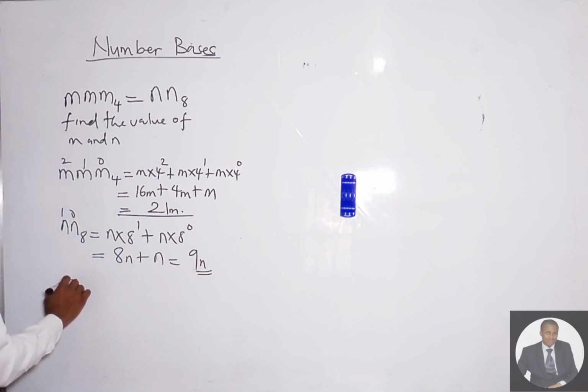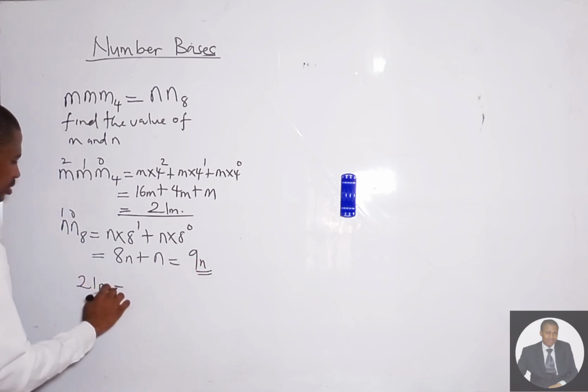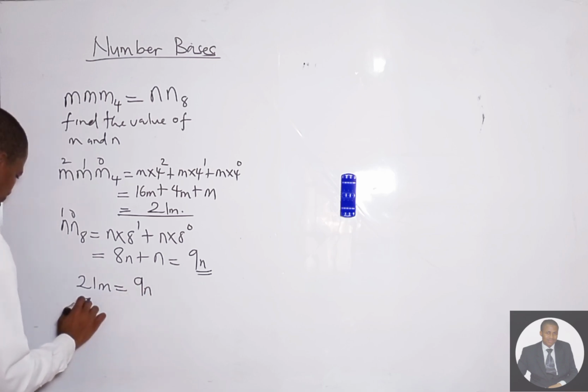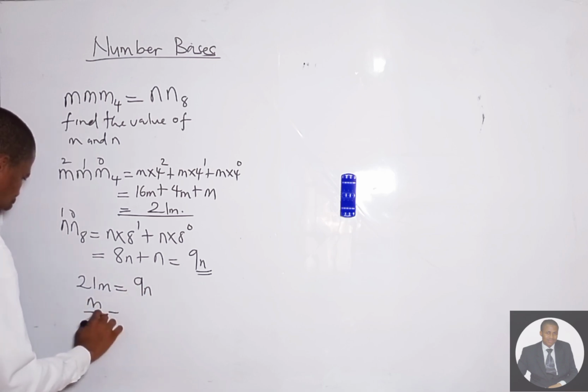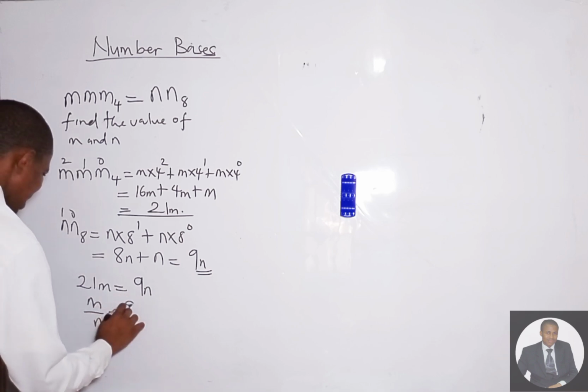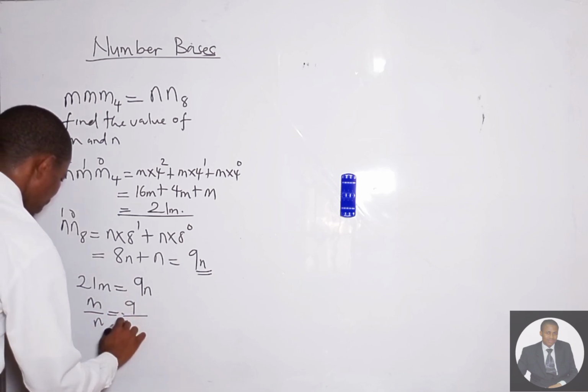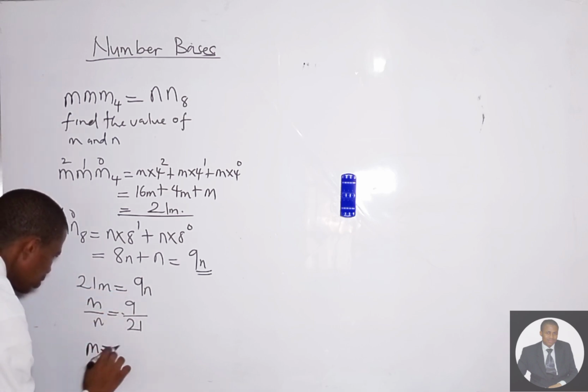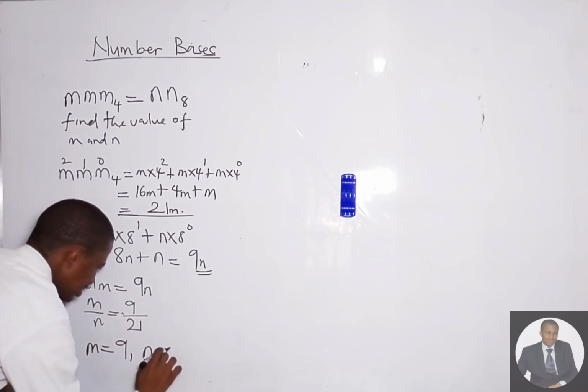So what we have is 5m equals 9n. So m over n will be 9 over 5.